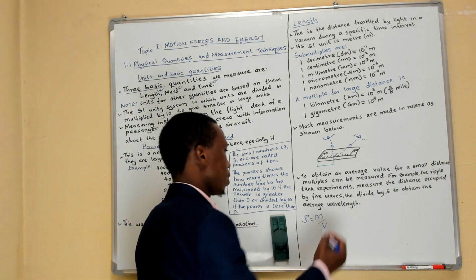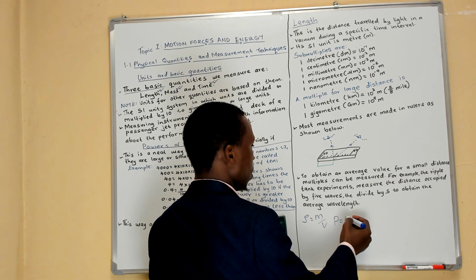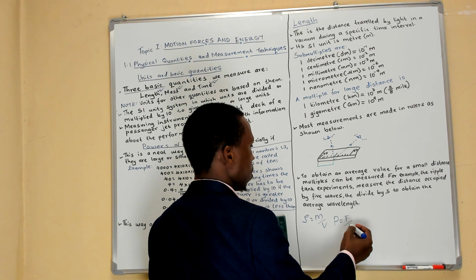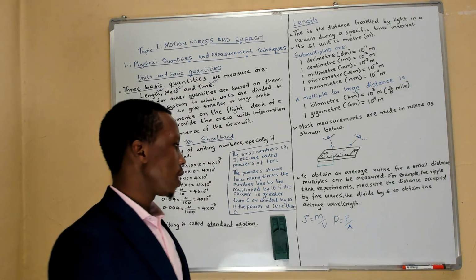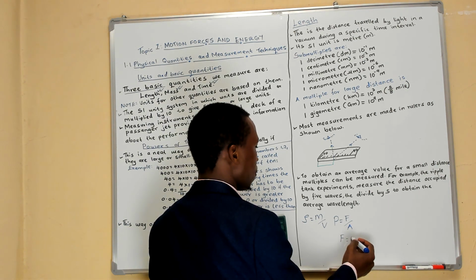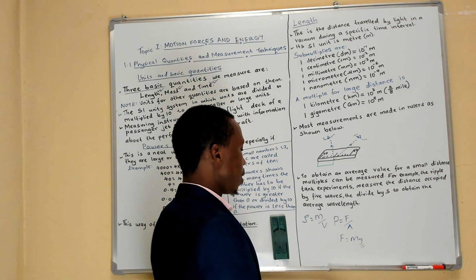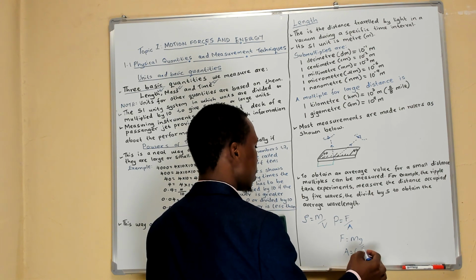Even pressure, we'll talk about all these with time, is equal to force over area. You'll agree with me that force has a basis of mass times g, and then the area has a basis of length, which is meters.